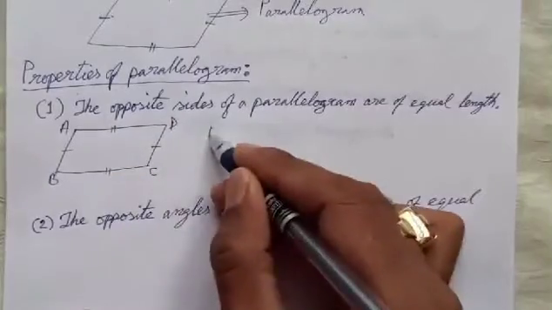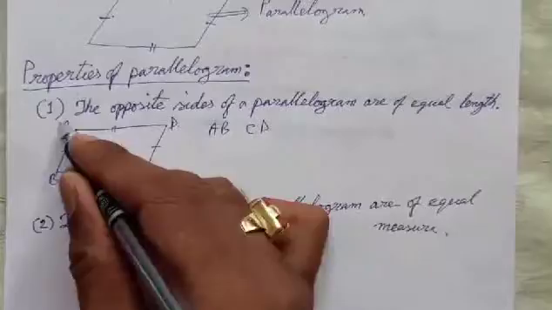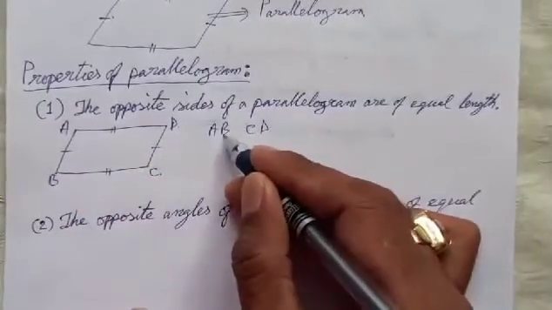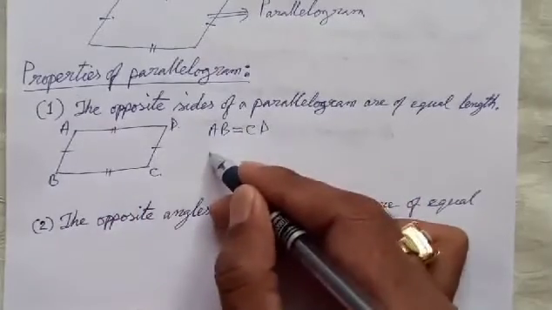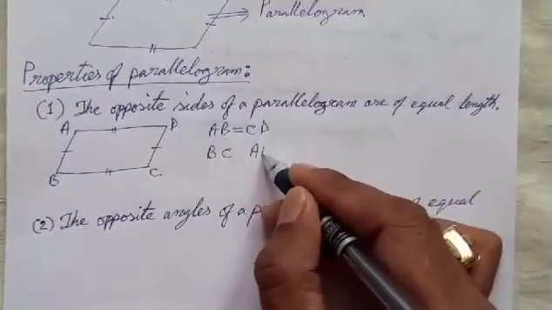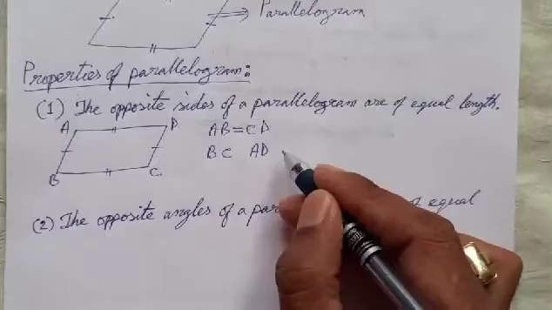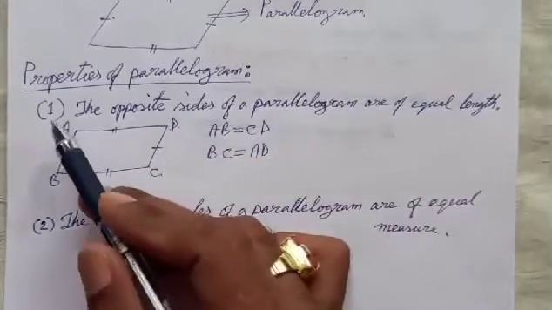Here, side AB is opposite to CD, and by this property the opposite sides of a parallelogram are equal. That means AB is equal to CD. Then side BC is opposite to AD, so by property 1, BC is equal to AD. Now this property 1 is over.